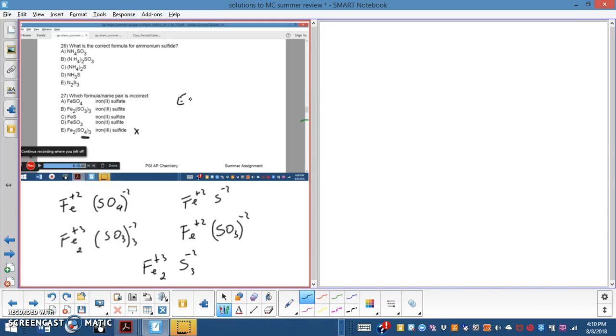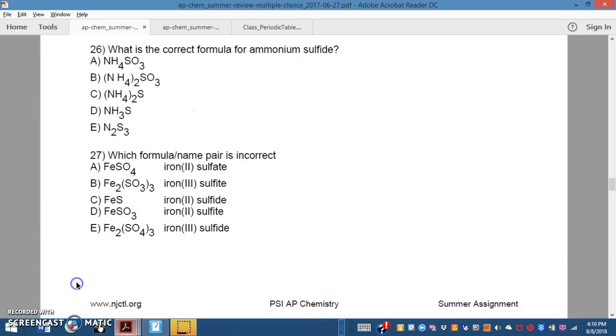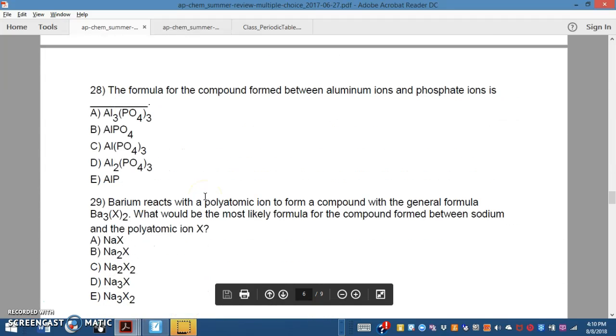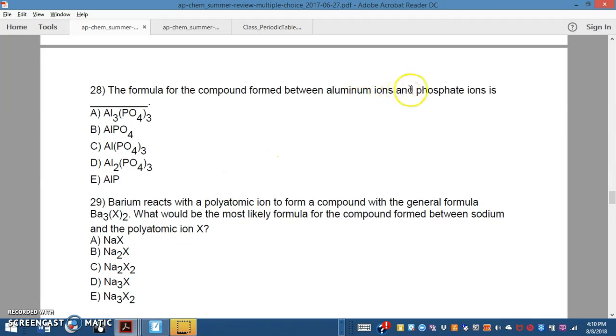Then for 28, the formula for the compound formed between aluminum ions and phosphate ion is, so PO4 is your phosphate. It has a charge of -3.